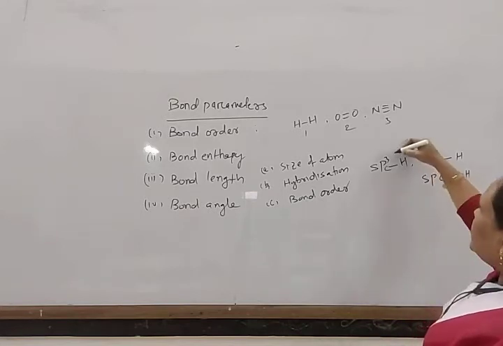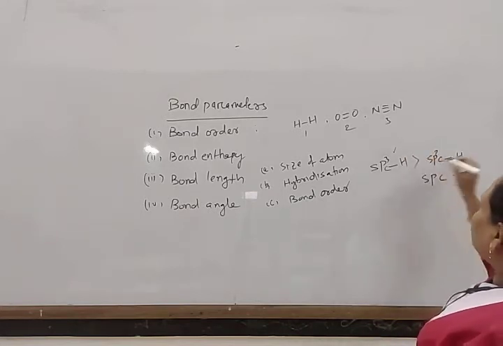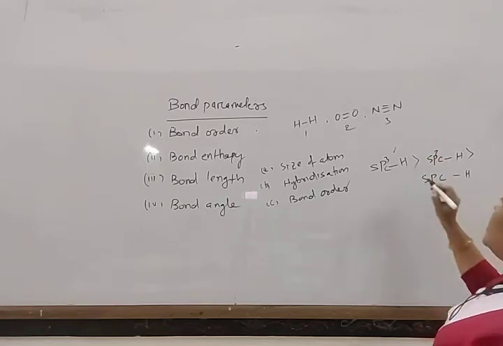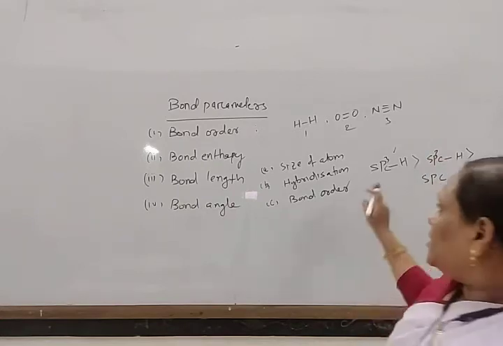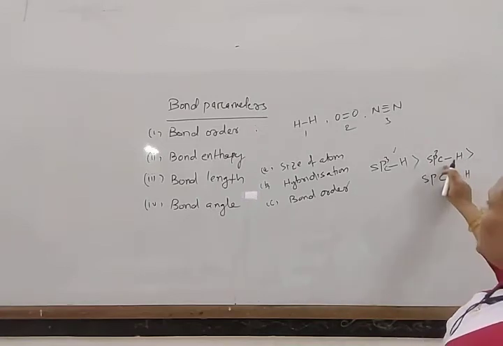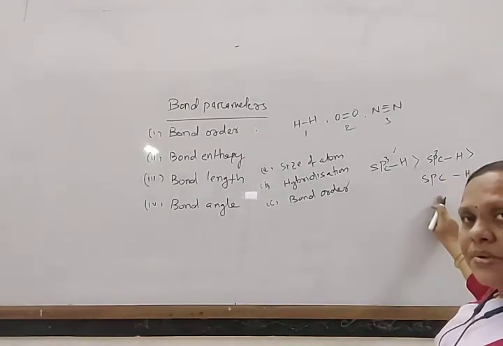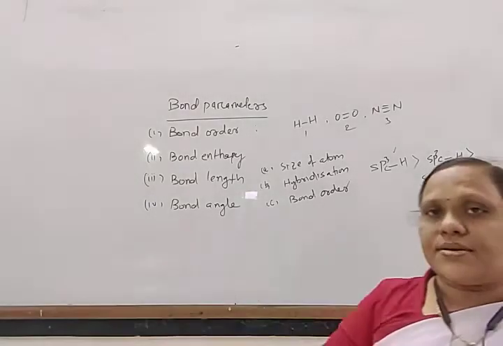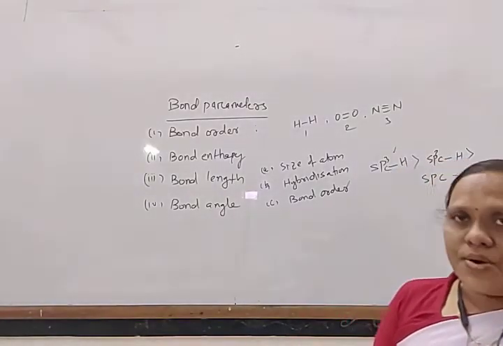The bond length is more in the first than in the others. The p character is 75%, here 66%, and here 50%. So the more the p character, the more the bond length.